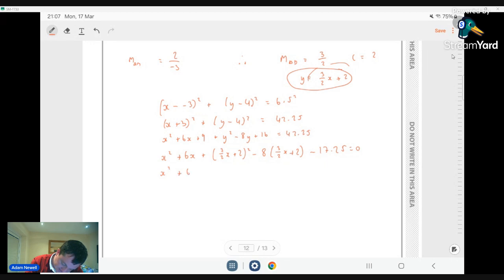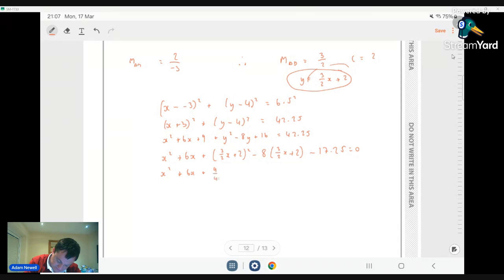I get x squared plus 6x. Expanding this bracket, we get 9 over 4x squared plus 2 times by 3 over 2, which is 3. And I've got 2 lots of that, so it's 6x plus 4. Take away 8 times by 3 over 2, which is 12x. Take 16, take away 17.25 is equal to 0.